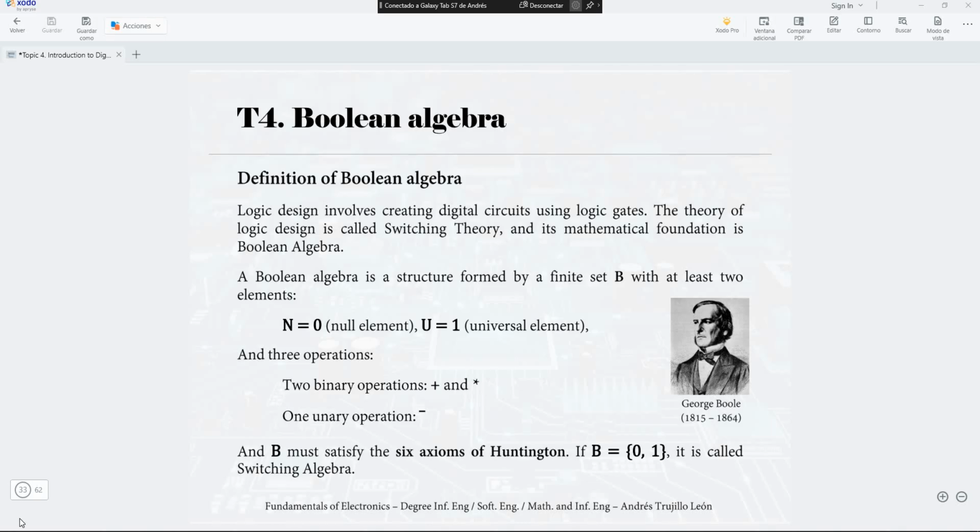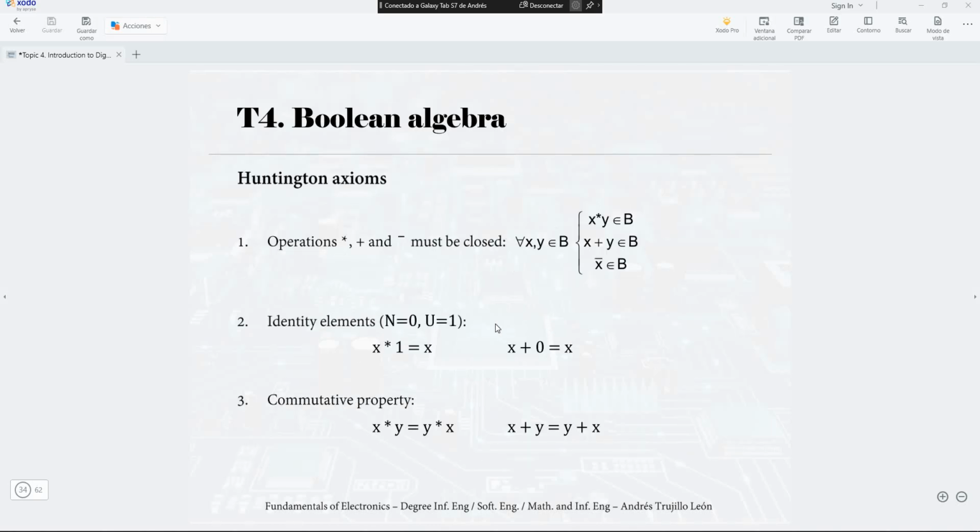So we have a lot of Boolean algebras, but the switching algebra, the one that we are going to use, is a Boolean algebra that satisfies some kind of requirements. Specifically, it is a Boolean algebra that satisfies the 6 axioms of Huntington and whose elements are 0 and 1. We already saw the 6 axioms of Huntington that are like rules that you have to learn.